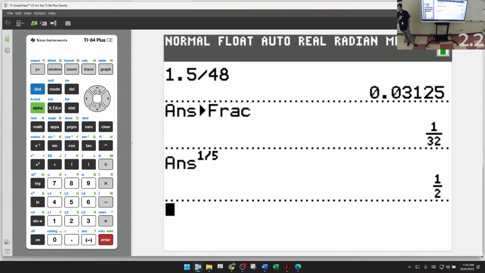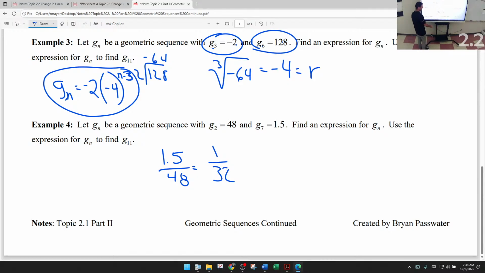They do them with nice numbers. They're not going to make them nasty numbers. They could. They don't. So when I take the 5th root of that, that's 1/2, and that's R.